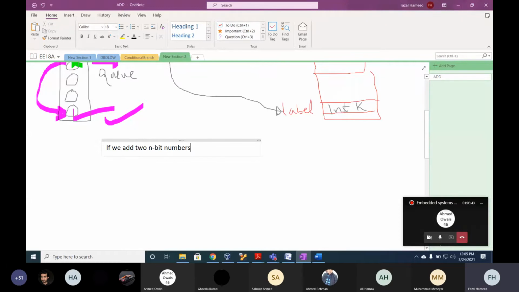What is the size of the result? What should be the maximum size of the result?